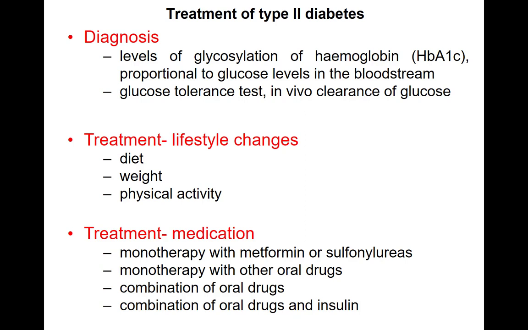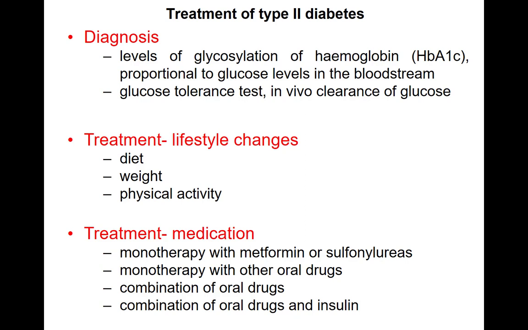You can then further confirm this by carrying out what we call a glucose tolerance test, where you give the person a significant amount of glucose and then see how long it takes the body to clear this level of glucose, and that will give you an idea of whether the person's metabolism of glucose is normal or not.